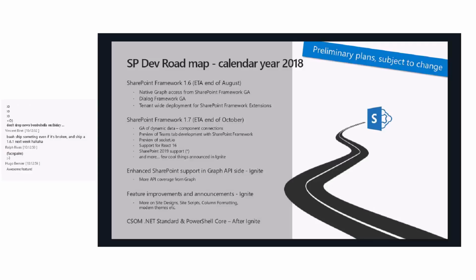You can actually target every single site from a modern experience perspective. The key point to remember on the extensions is that the extensions only work on the modern experience, not on the classic experience. So you can't use the tenant-wide deployment option for classic experience, but for modern experience, everything works.